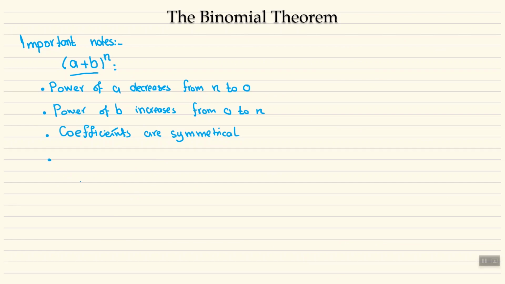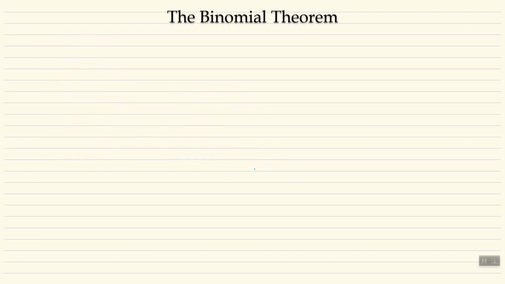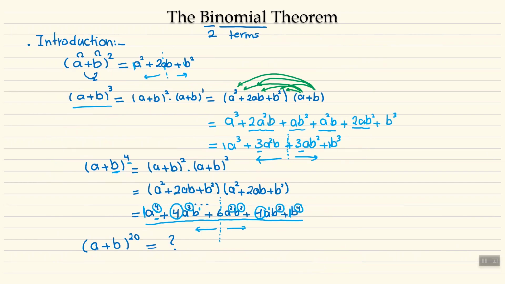One more thing. The sum of powers in each term is n. Okay, let's look at this example. Look at the sum of the powers. What is the sum of the powers?